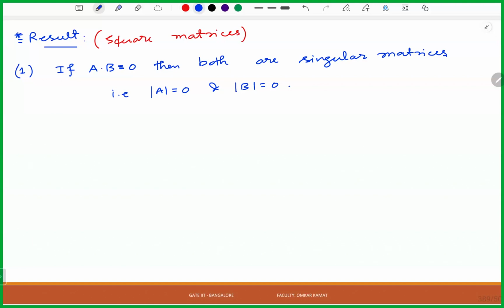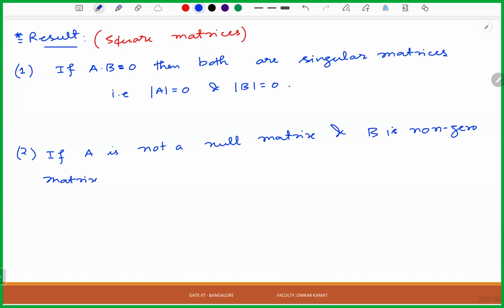Second point. If A is not a null matrix and B is non-zero, then if AB is equal to 0, it implies that determinant of B should be equal to 0.